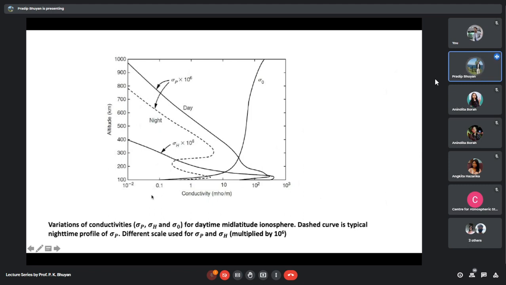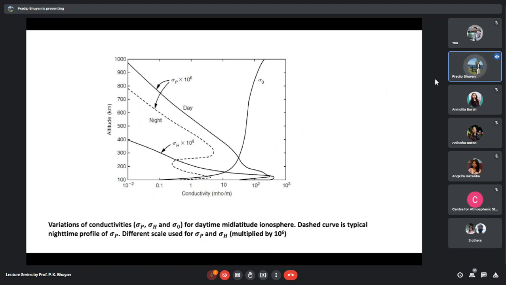So the conductivities, why I am showing this graph is, if you can just have a quick drawing, or if you want to draw, you can draw also, that this profile gives you an idea how the conductivities change with height.